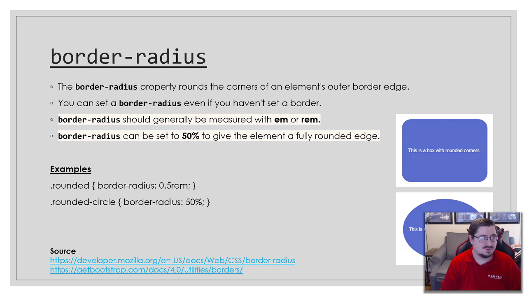So if you have a background, you might still consider setting the border radius to give it rounded corners. The border radius I would typically recommend setting in EM or rem. Rem is the preferred, but either one will work.